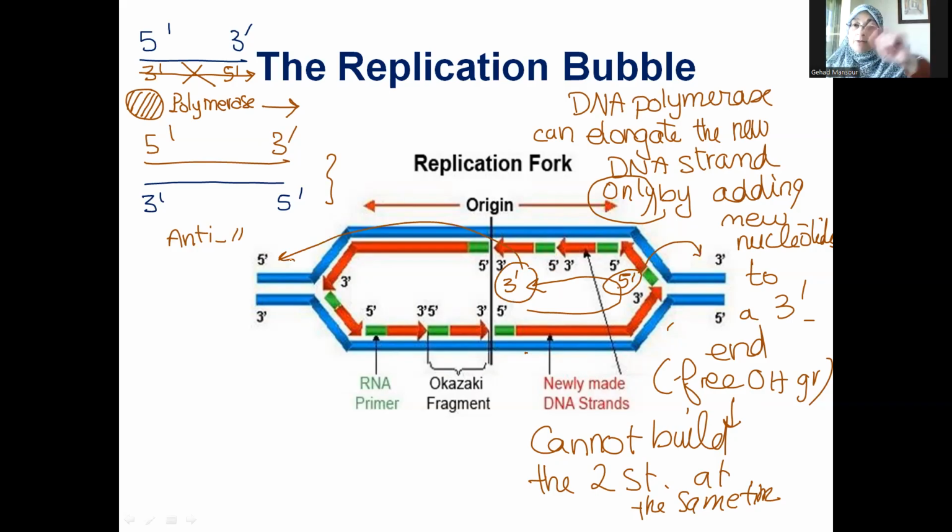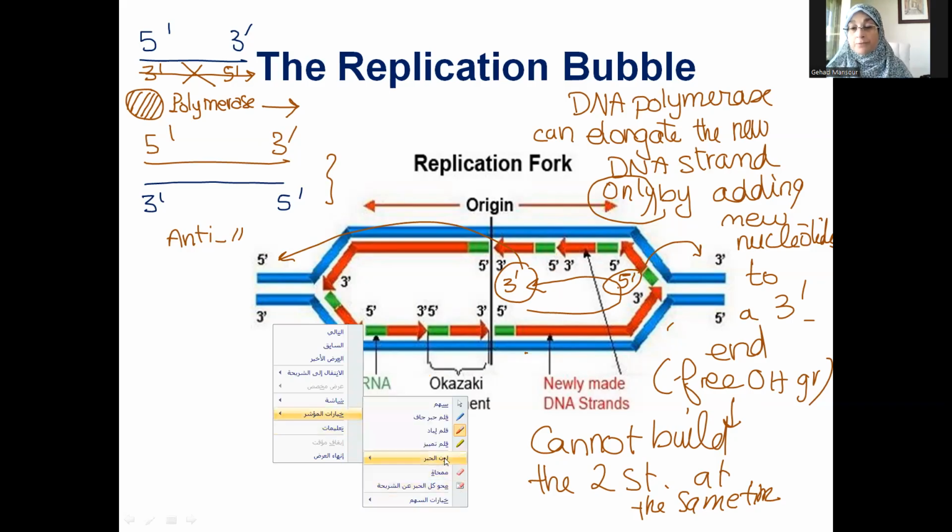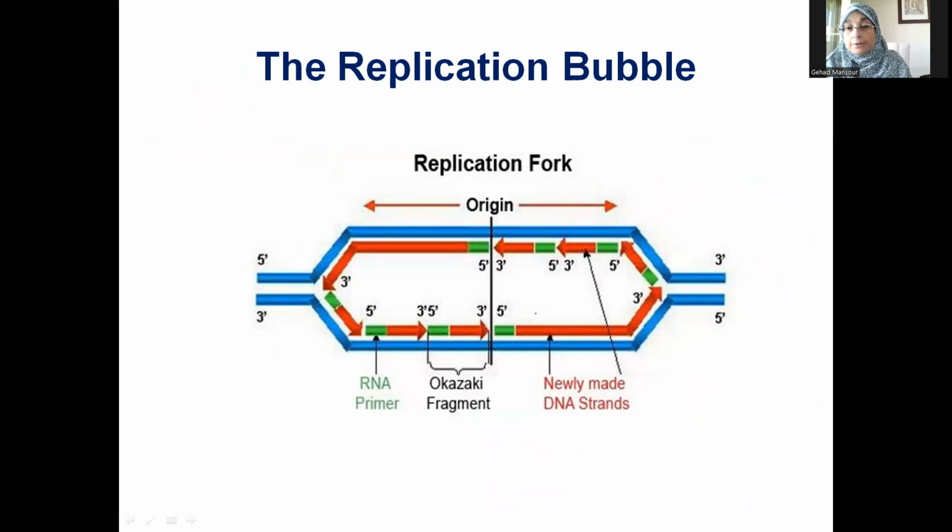So the other template strand, the other blue template strand, has to wait until the first strand has built up its own complementary strand. And meanwhile, DNA polymerase gets tired. And therefore, for the first strand, it built the new complementary DNA strand in one shot, but when it makes the U-turn, it will make it in the form of small segments called Okazaki fragments.